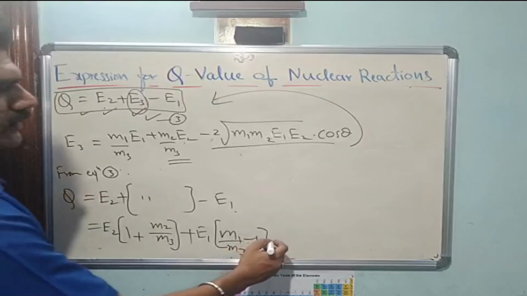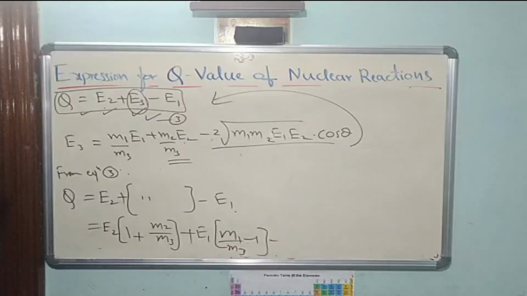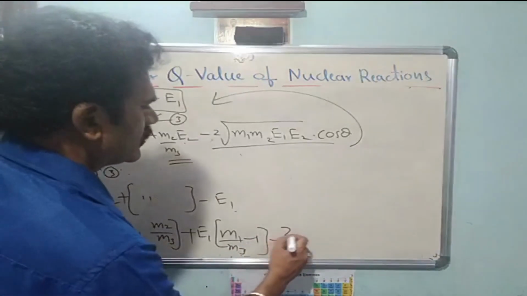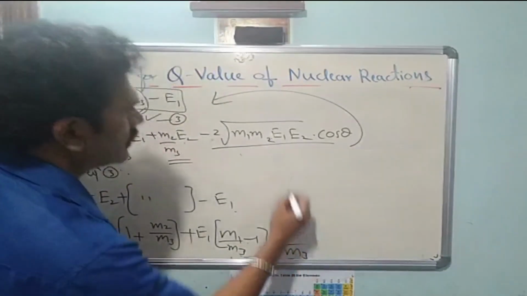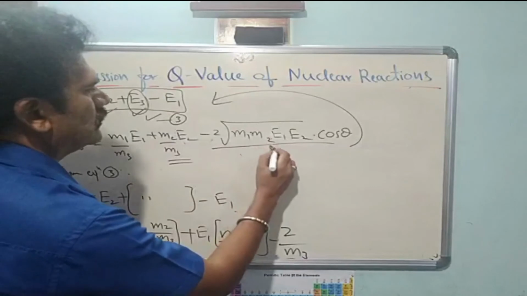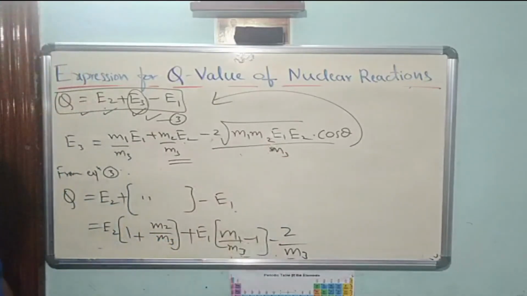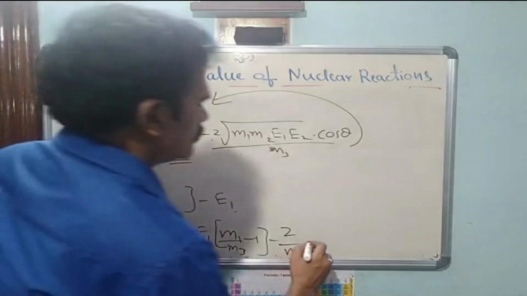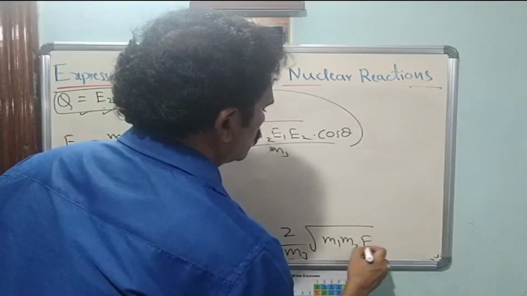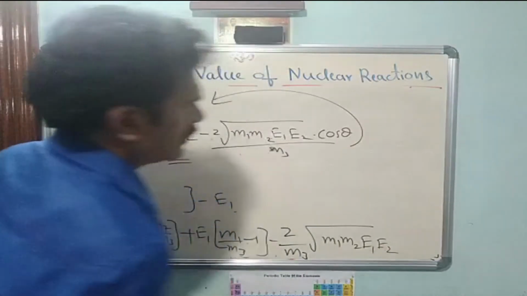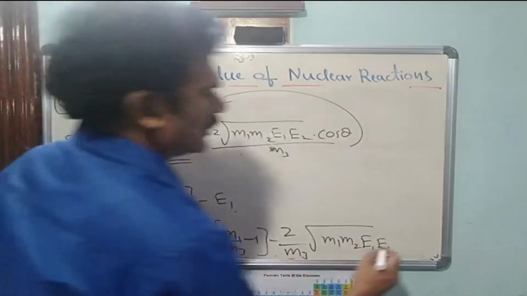Then minus 2 by M3 into square root of M1 M2 E1 E2 into cos theta.